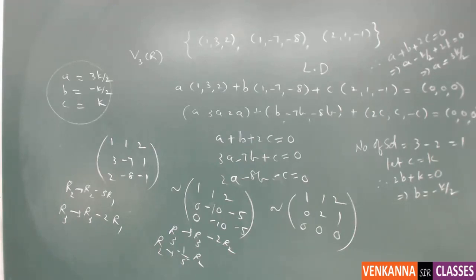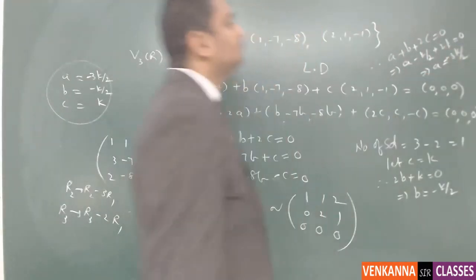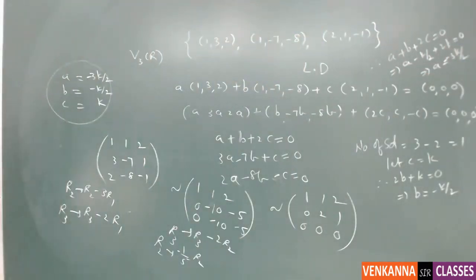Any questions? I think you should take minus 3 there. Accepted now? The values of A, B, C.